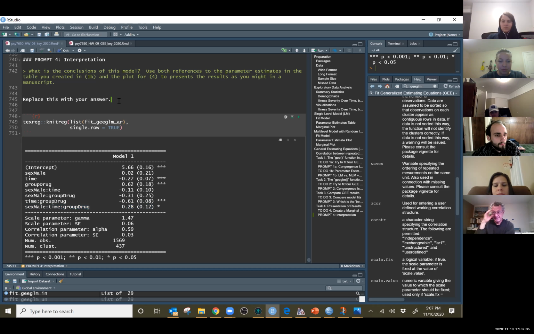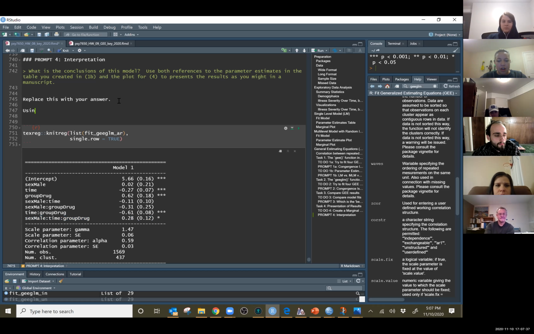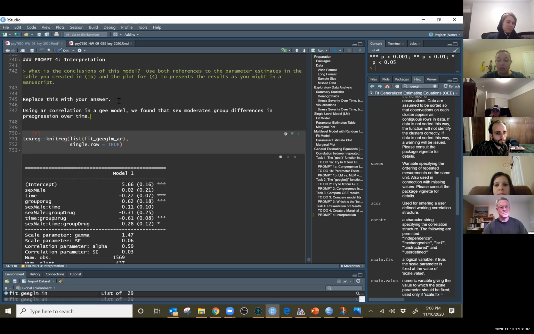So I'd say, using autoregressive correlation in a GEE model, we found that sex moderates group differences in progression over time. And that's the three-way interaction.